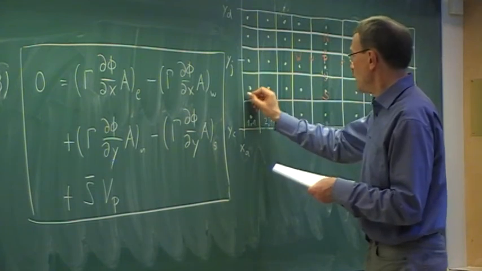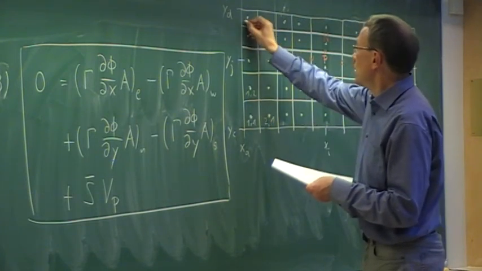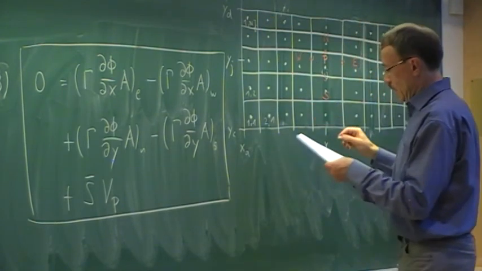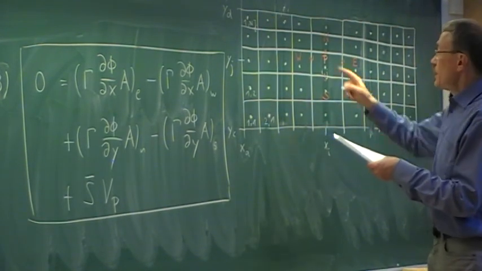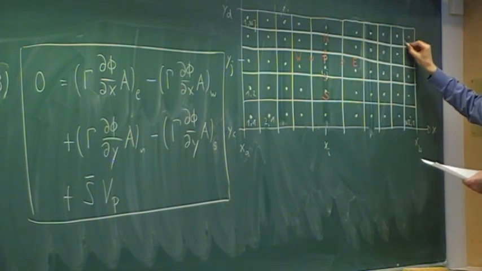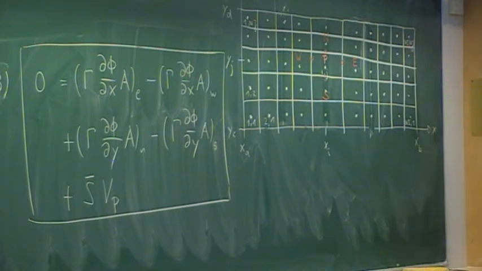This would be 1, 2, and this would be 1, nj. And the very last one in the right corner would then be Ni, Nj. If we want to take into account the boundary conditions, we can do that.